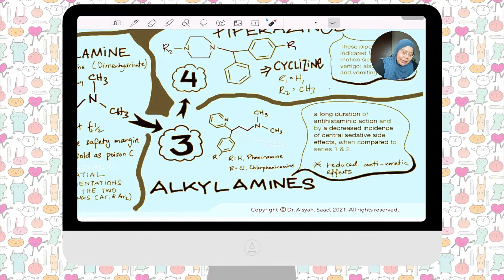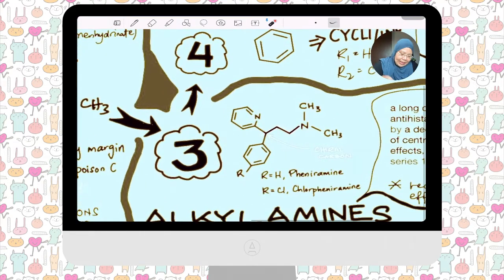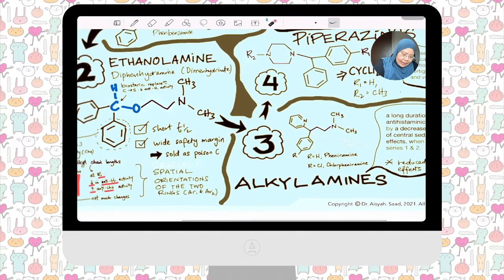Let's look at the structure here. Again, it has the linker, CH2, CH2, CH2. And then the whole thing is maintained. Nothing else differs from the first, more or less maintained.